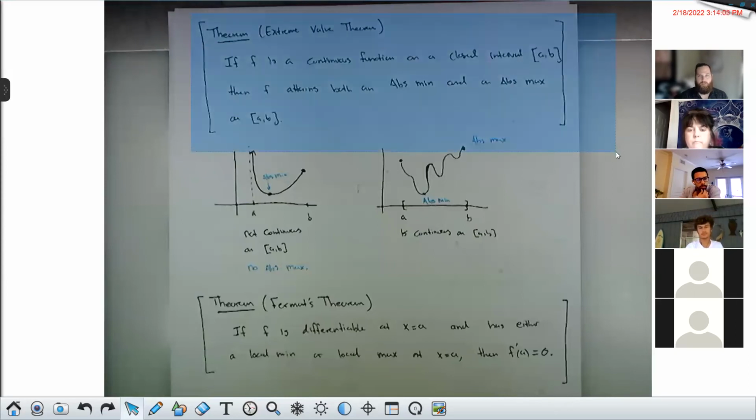Yeah, and in the context of this theorem, the entirety of the function is the interval a, b. So even if this function's natural domain is all real numbers, we're talking about restricting that function to a closed bounded interval. But yeah, absolute max means the tallest point anywhere on the graph.